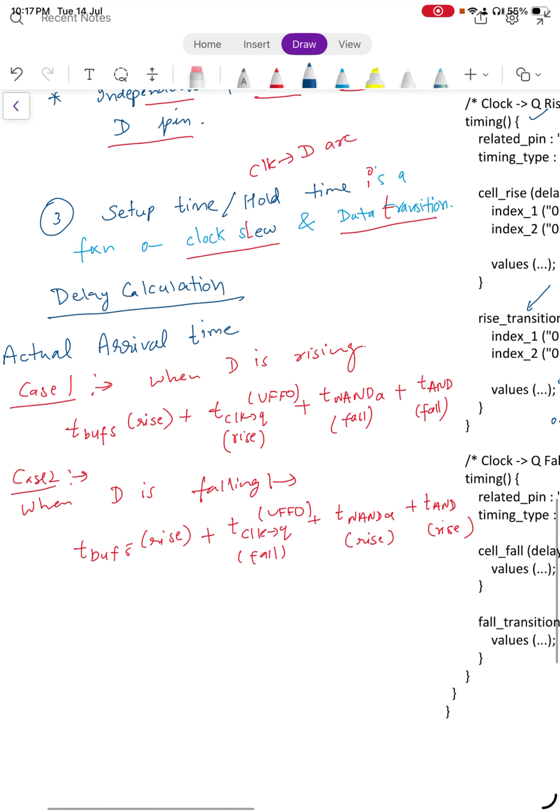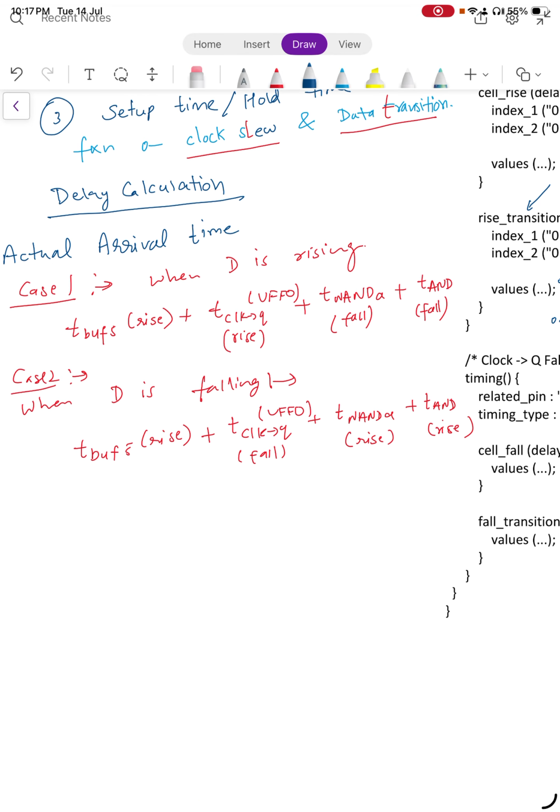Now the calculation for the required arrival time.